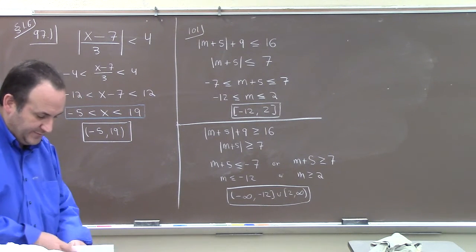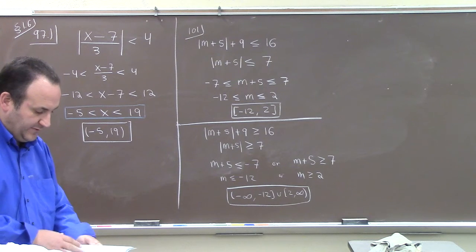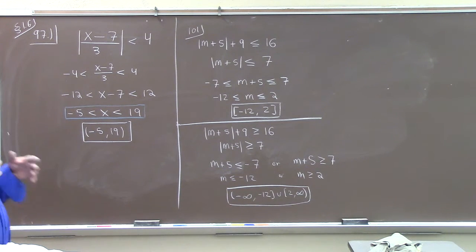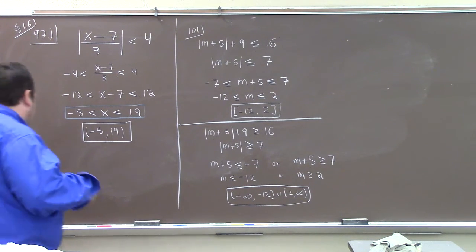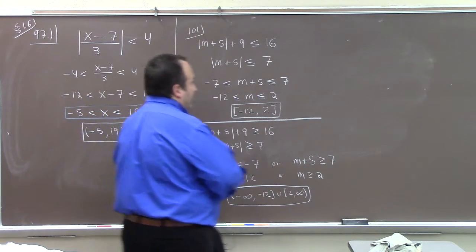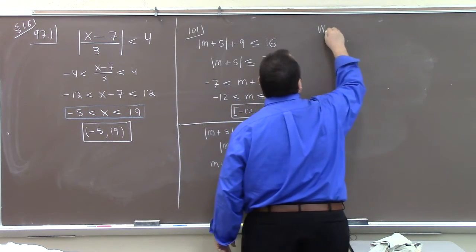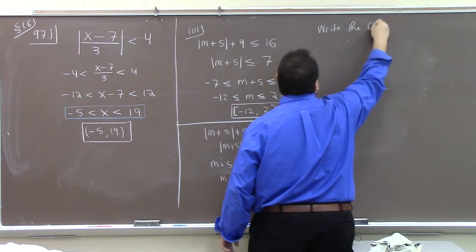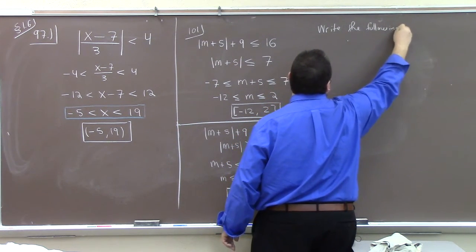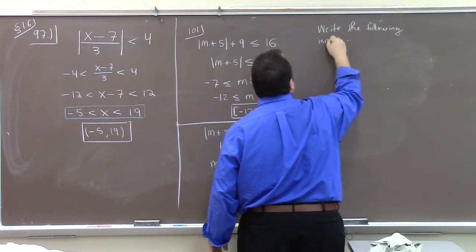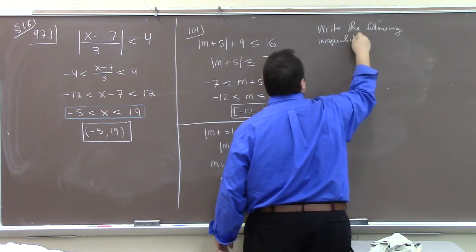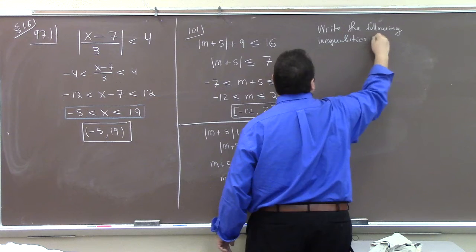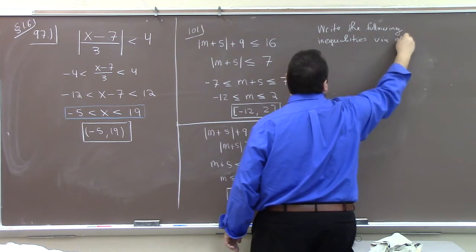All right, so one thing I could do, this isn't really trickier, this is just backwards. Here's a backwards problem. Rewrite the following inequalities via absolute value.